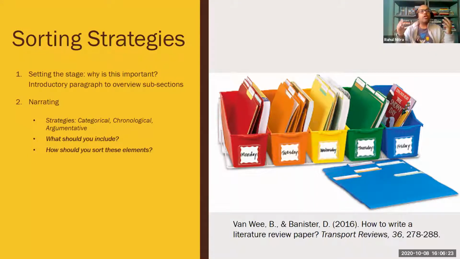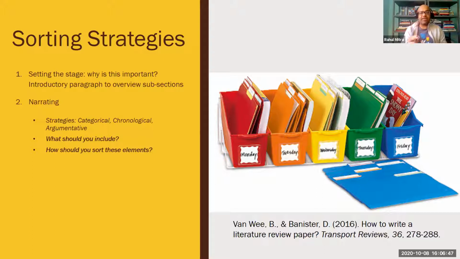No. You need to use studies 1 through 50, if you've got 50 articles, to tell a story about how the literature has situated this topic and how you are hoping to push the boundaries of the field and the literature even more with your project.